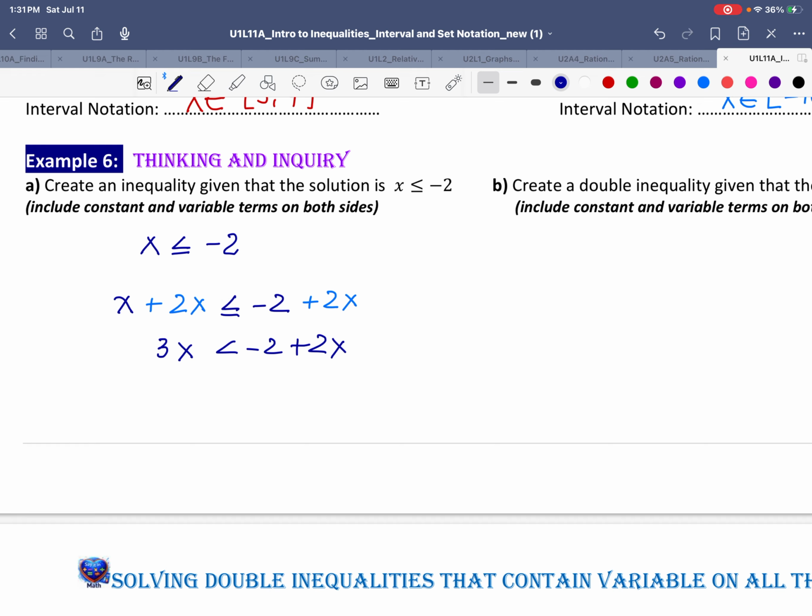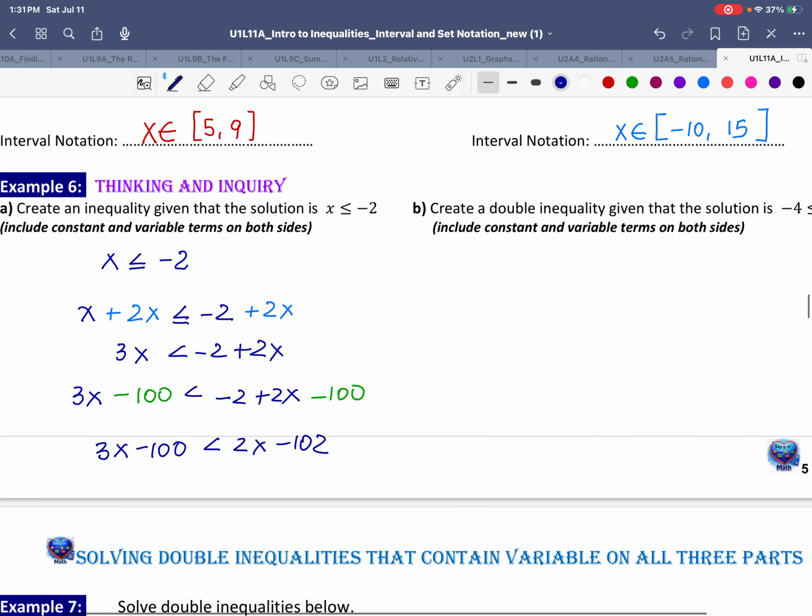So if we want to have constants on both sides, then you're going to say, well, let's bring some constants to both sides. So I'm going to bring -100 to both of them. And let's take a look at our new inequality. It looks fancier. 3x minus 100 less than 2x minus 102. And this is how you would build an inequality.